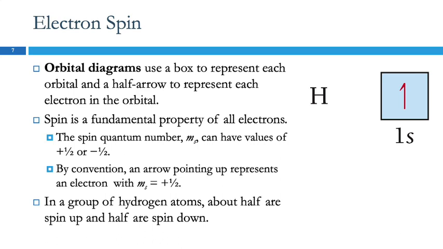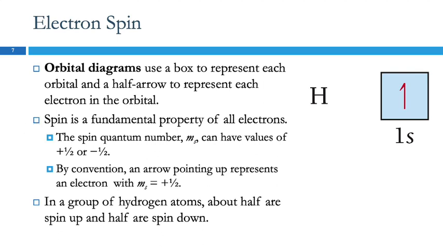So we can write electron configurations. Another way to describe where the electrons are is an orbital diagram, and this is a bit more visual. This is the orbital diagram for hydrogen. So here, this 1s orbital is shown as a box, and the electron is shown as a half arrow inside of the box. Remember we talked about the spin quantum number?